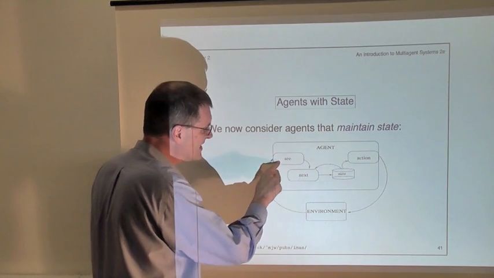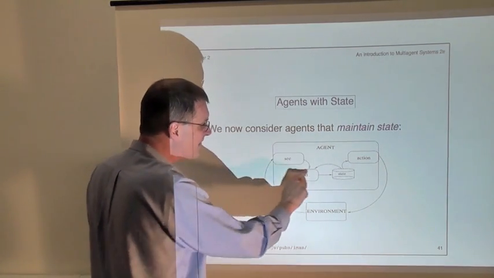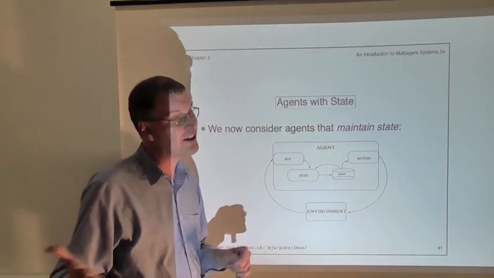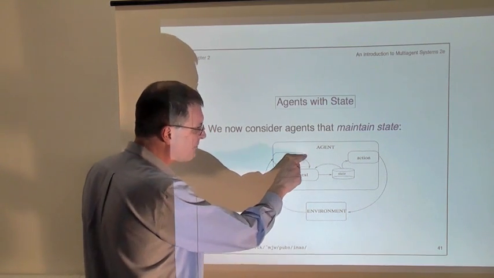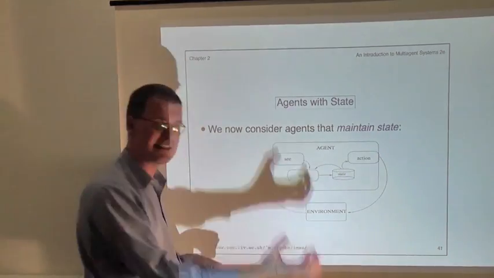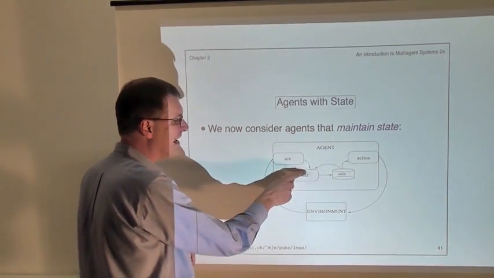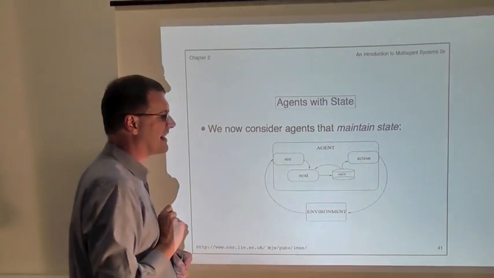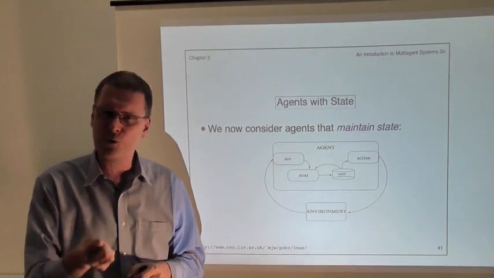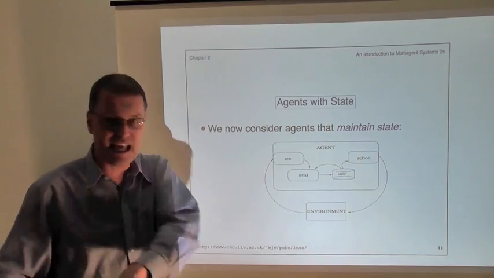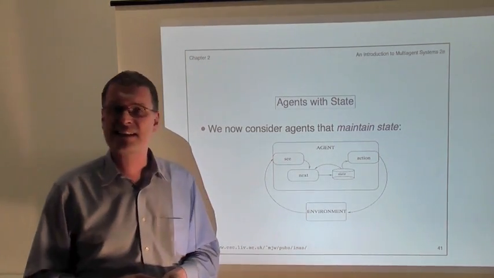The perception system is the same as before, just producing this percept, but now there is this next state function, very similar to automata-like models. The next state function says: if this is the perceptual information that I'm getting, this is the input from my environment that I'm perceiving, and this is the current state that I'm in, then this is going to be my next state. Think about this next state function as deciding what to record about the state of the environment. Anything that the agent wants to remember has to be written into that state.